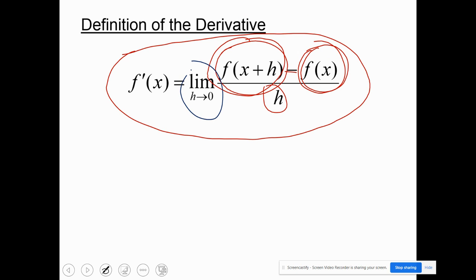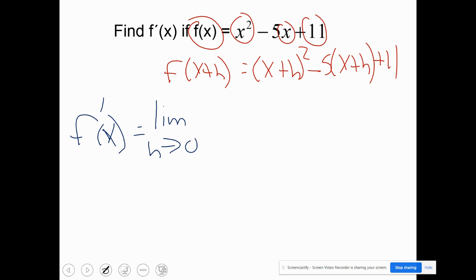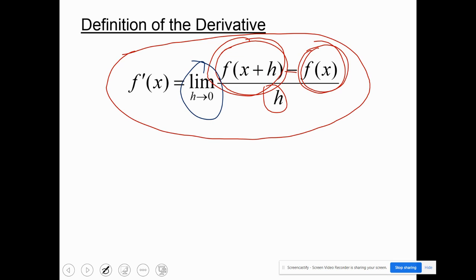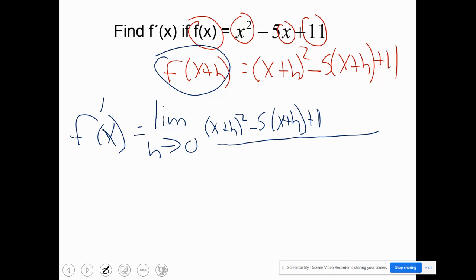That will always be the same. h approaches 0 just means you want 2 points that are right next to one another, of this function, which is defined by x plus h squared minus 5 times x plus h plus 11, take away f of x. Take away, and in parentheses I have to plug the whole f of x in. x squared minus 5x plus 11. And that's all over h. And so your job then is to evaluate the limit.